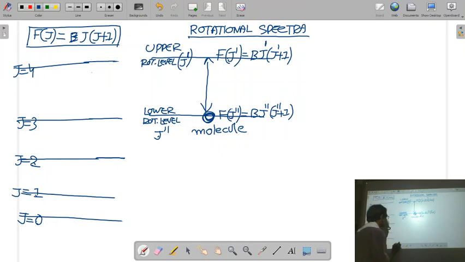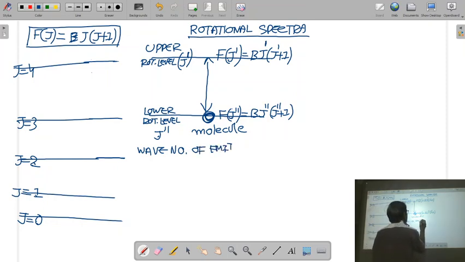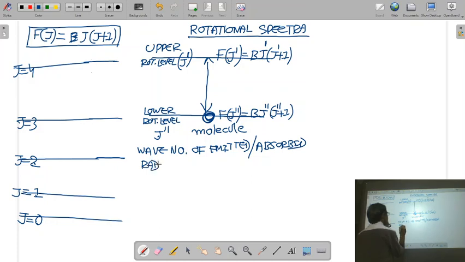So now we calculate the wave number of the emitted or absorbed radiation. I denote it by nu. If the rotational wave number in the lower level is F(J double dash) and in the upper level is F(J dash), and the molecule makes a transition between the lower level J double dash and the upper level J dash, what is the wave number of the emitted or absorbed radiation?